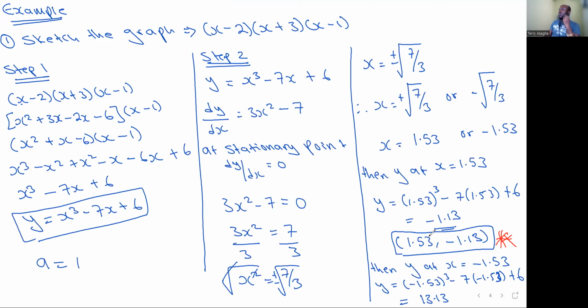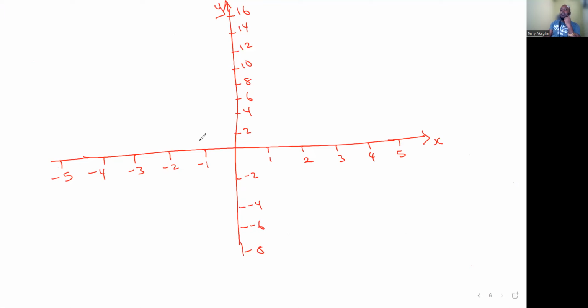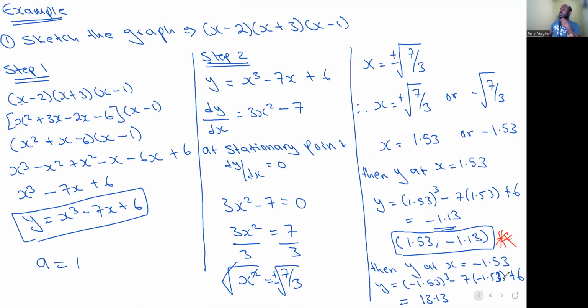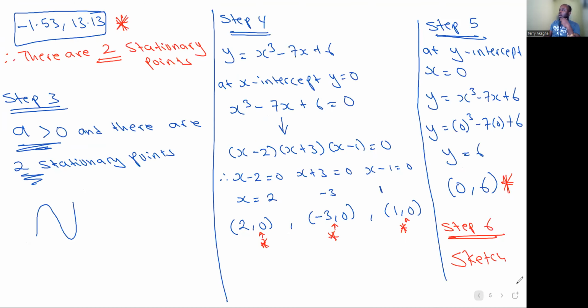So the first thing we found in step one, we knew that was the function. So the first thing we can find is that the stationary point is at 1.53 and minus 1.3. So 1.53 somewhere here, and minus 1.3, so let's say somewhere here. So this point is minus 1.53 and minus 1.13.